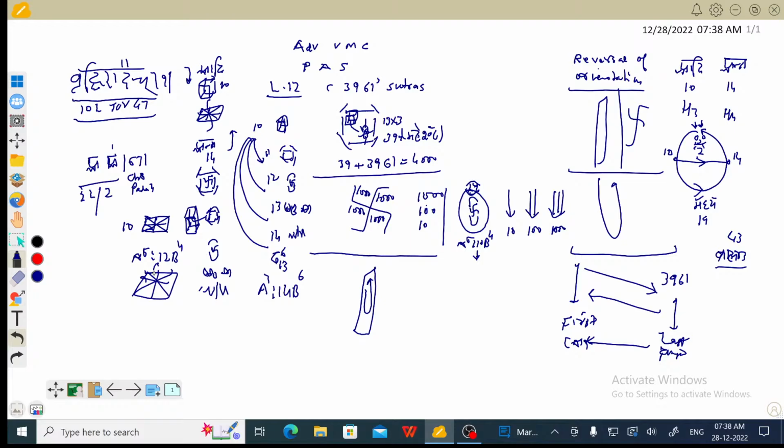So sequentially one shall put this feature, then one shall see how this feature is playing its role. Then one shall see how this reversal orientation feature is playing its role. Then one shall see how this feature is playing its role.